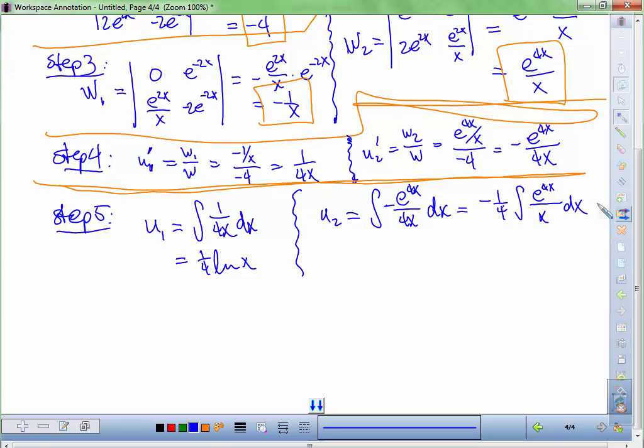So, any ideas on how to integrate this? U substitution, what would we let u equal to? 4x? I don't think that'll work. Parts? So uv, what's u and what's v? Oh, I heard Wolfram.